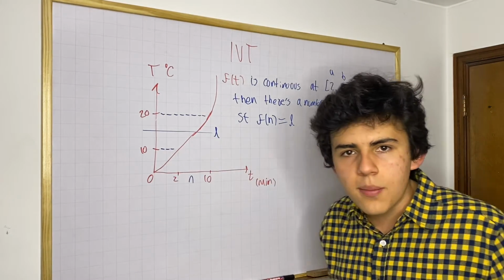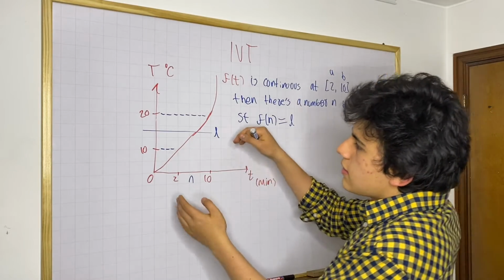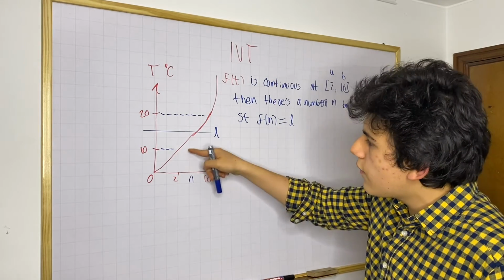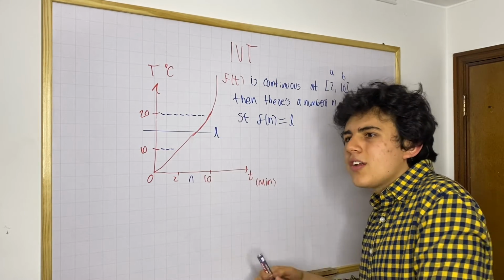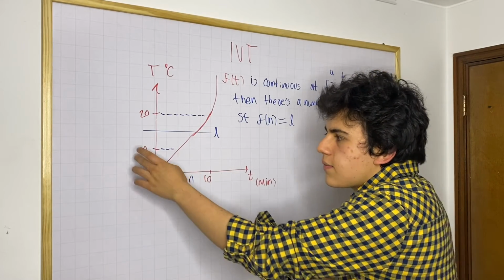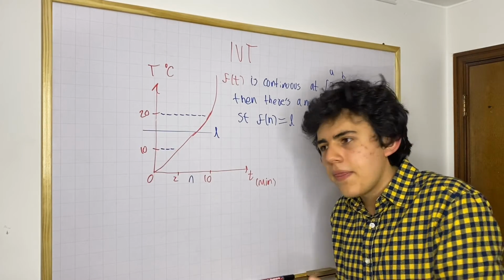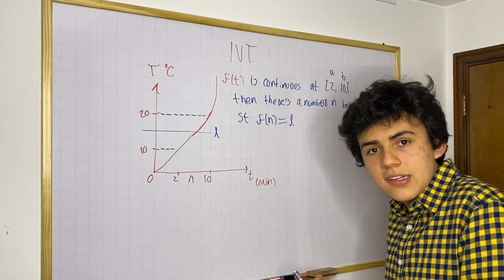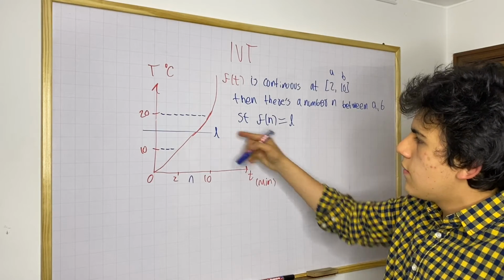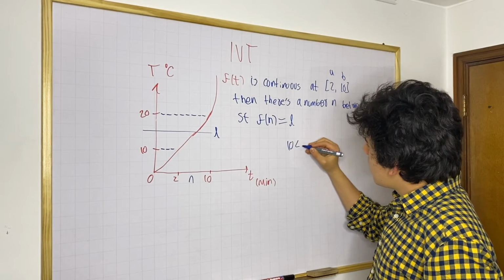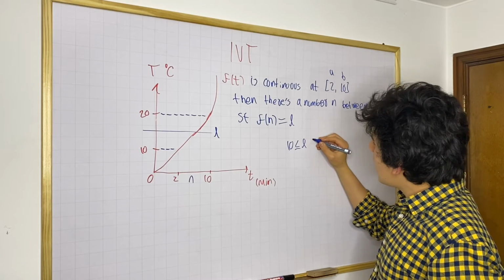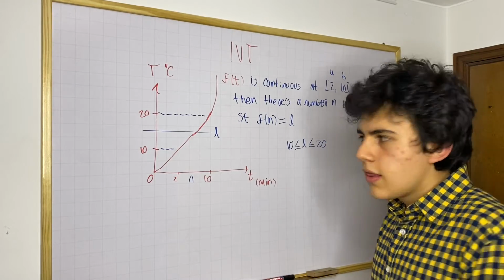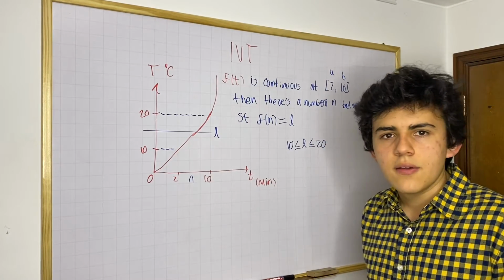Basically what this theorem states is that if there is continuity in this region of the graph, that means that all the values you can have between 10 and 20 must exist. Because there is a number n that if you plug it in as an input, you're gonna get an L value that is greater than or equal to 10 and smaller than or equal to 20.